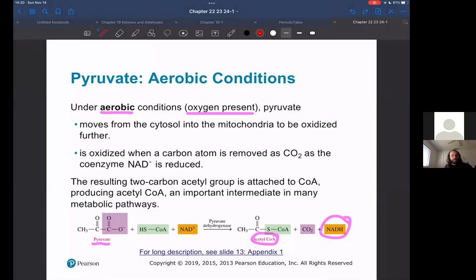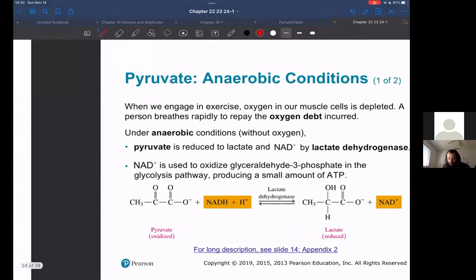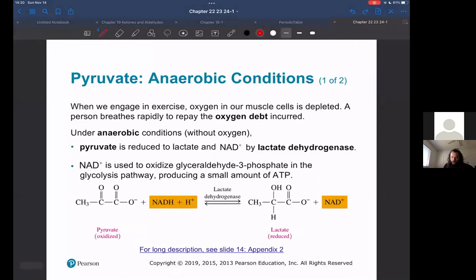So this is what happens under aerobic conditions. This is what the cell really likes, because this is going to lead to a lot of energy. Under anaerobic conditions, meaning without oxygen, the cell can't do what it wants to do to get rid of the pyruvate, so it has to revert to another reaction, which is the conversion to lactate using the enzyme lactate dehydrogenase.